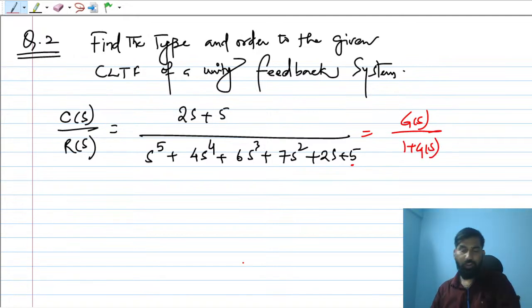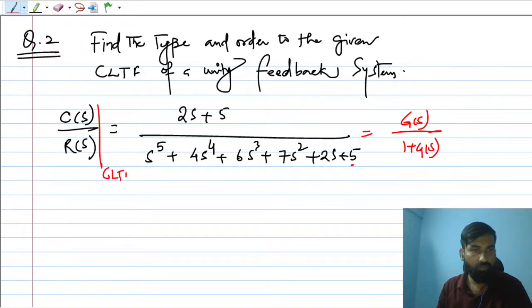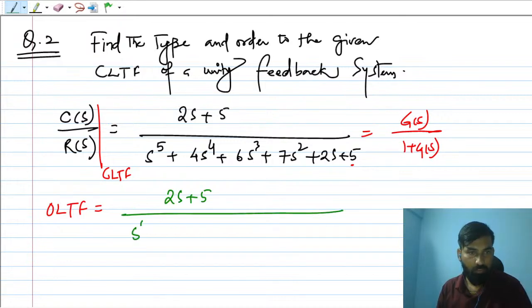So if you want to find the open loop transfer function, this is basically the closed loop transfer function, and now you have to find the open loop transfer function. What you have to do is subtract the numerator from the denominator. So I'm just going to write it again, using different colors: (2s + 5)/(s^5 + 4s^4 + 6s^3 + 7s^2 + 2s + 5).